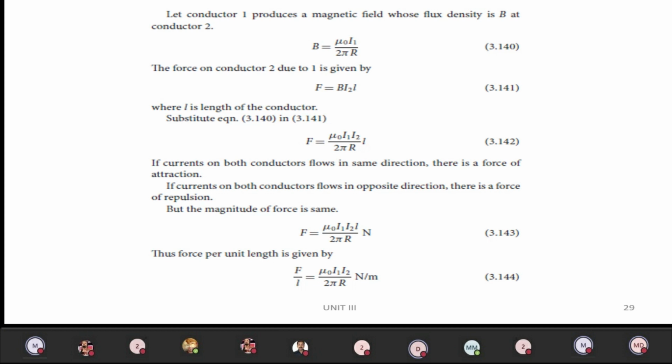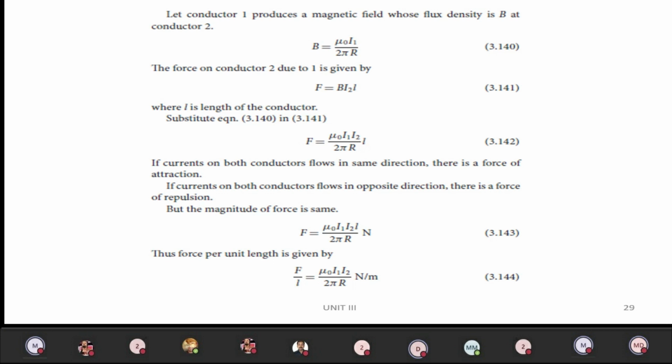This gives us the force on conductor 2 due to conductor 1, given by the formula F = B I2 L. The formula for B we already know: mu naught I1 by 2 pi r.